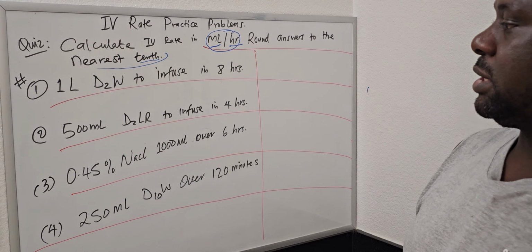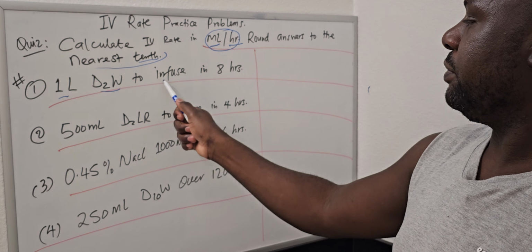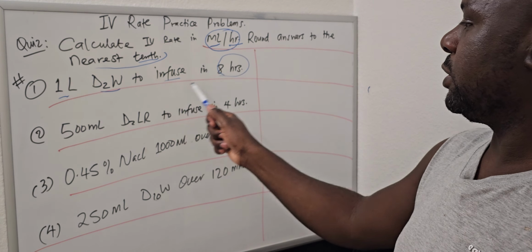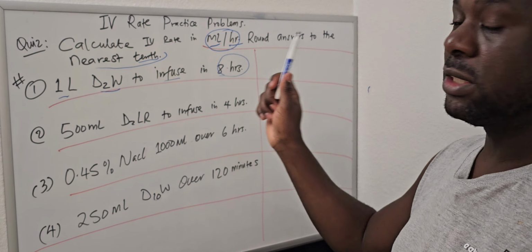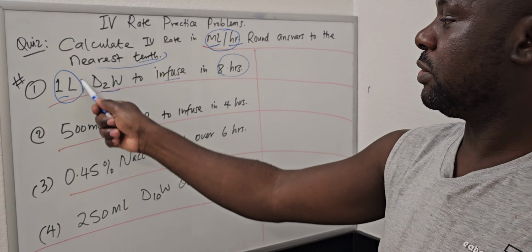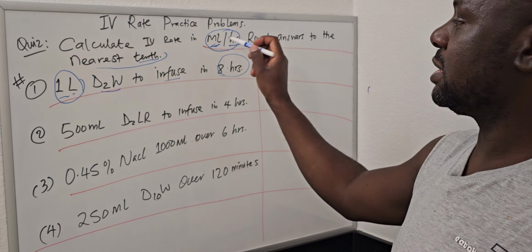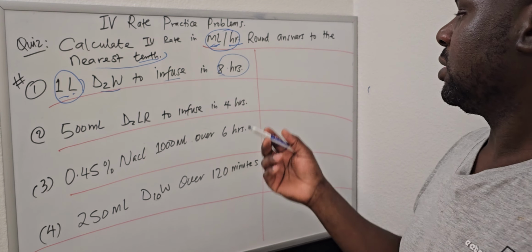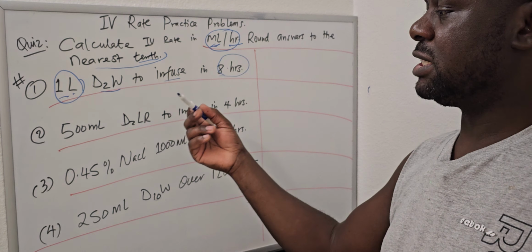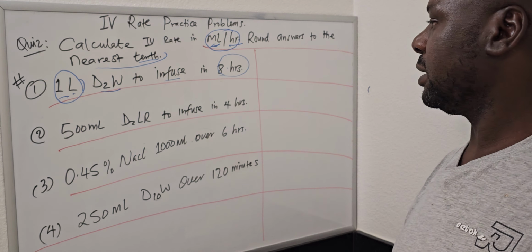Number one says 1 liter of this solution to infuse in 8 hours. Here they have given us liters. We change liters into milliliters because our answers would be in milliliters. These are some units you have to know before we do this math.